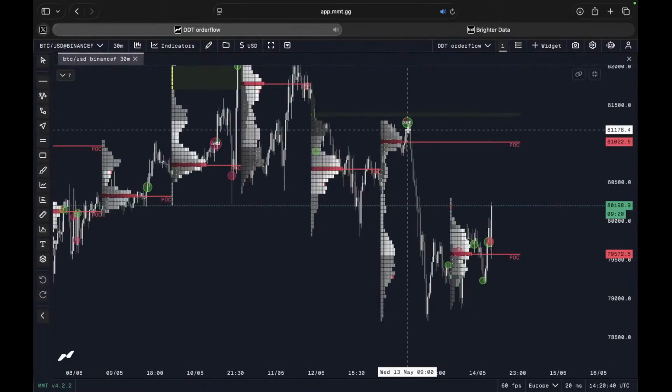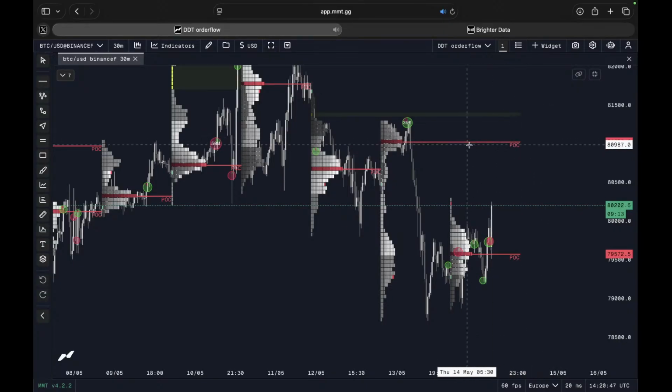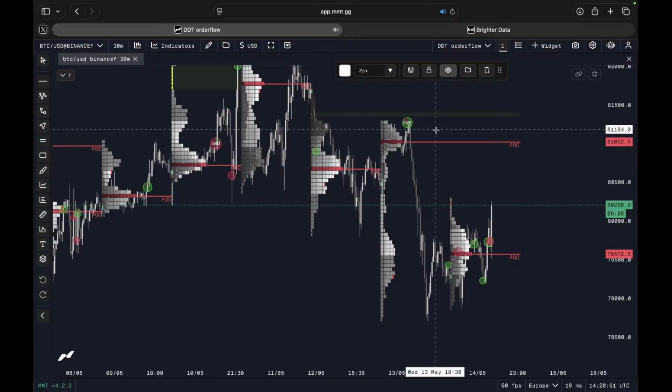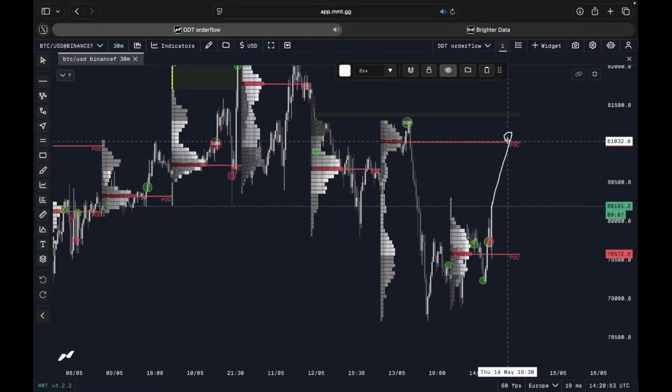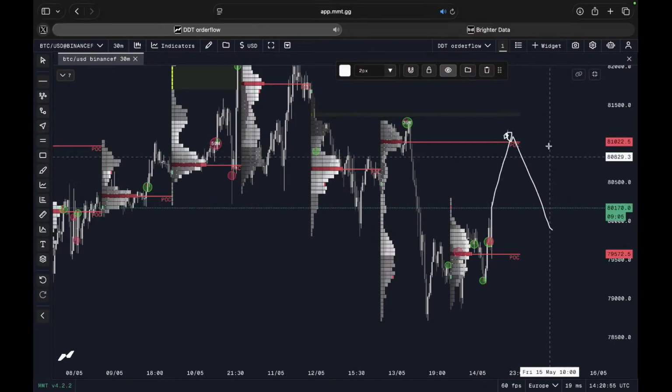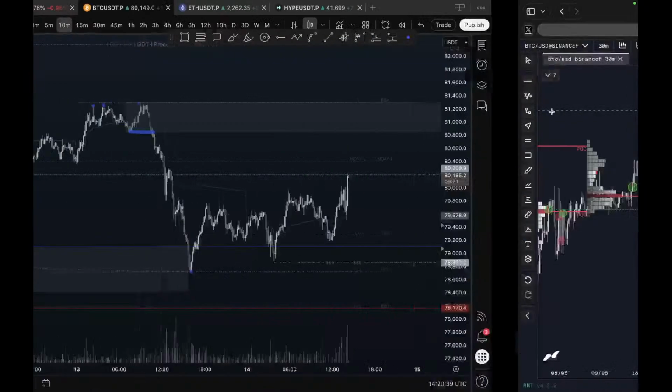And there we aggressively sold off and have a naked point of control, which is this level at 81k. That's a super big level where price often wants to go back to take it out, and then you want to see what the reaction is. Either you sell off from it or you push above and then go much higher.